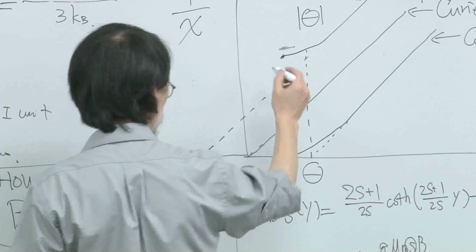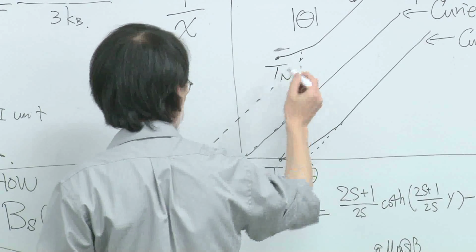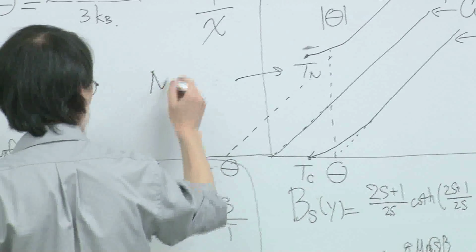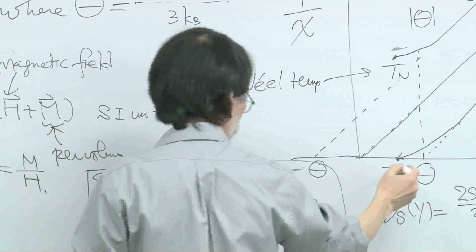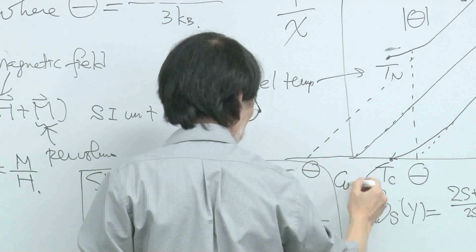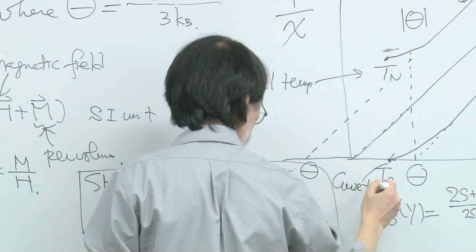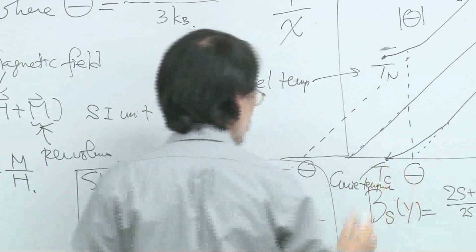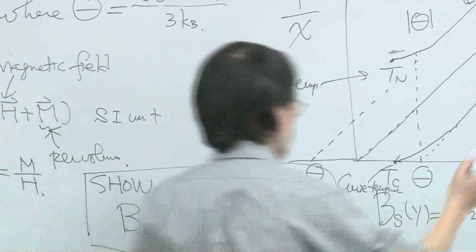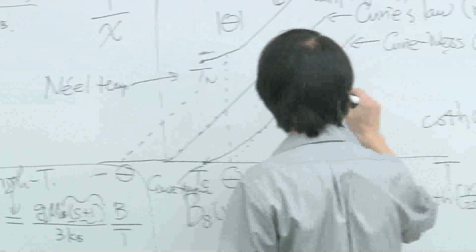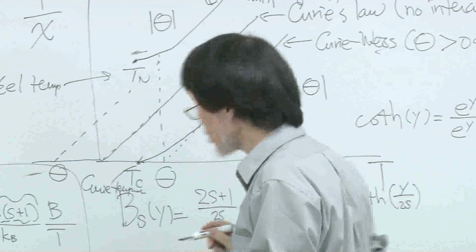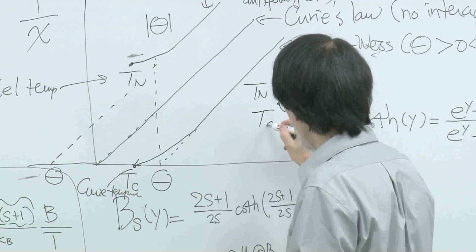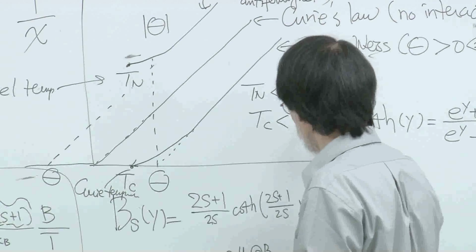This temperature is called the Néel temperature, and this one is called the Curie temperature. The important thing is that the Néel temperature is usually less than the absolute value of the Weiss temperature, as is the Curie temperature.